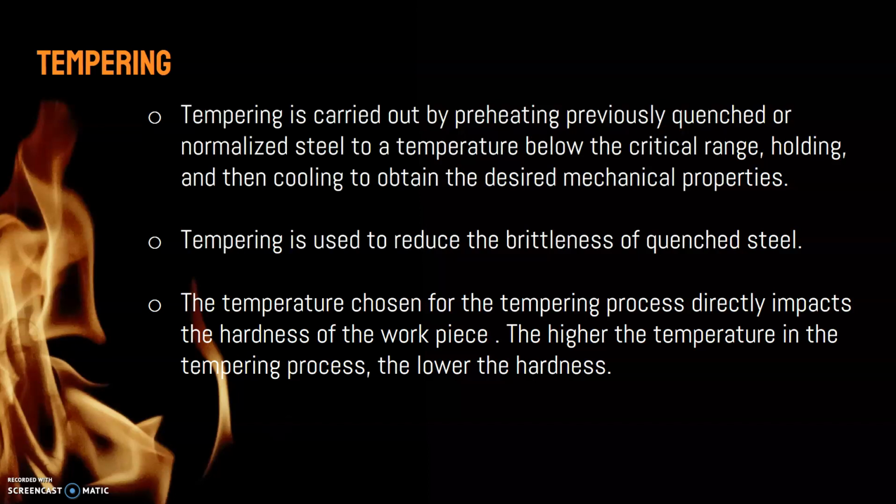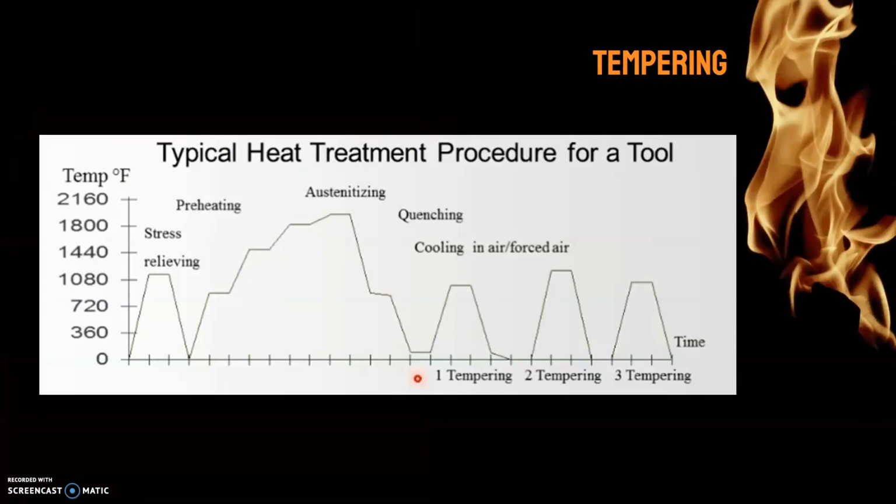Tempering is usually done to reduce the brittleness after quenching. Temperatures are chosen for the tempering process to directly impact the hardness of the workpiece. The higher the temperature in the tempering process, the lower the hardness. You can look here and see the temperatures.